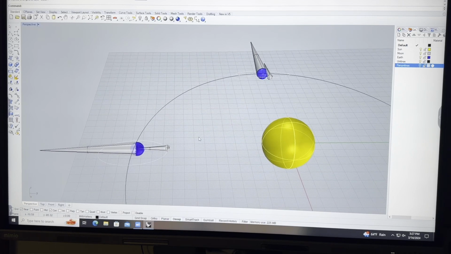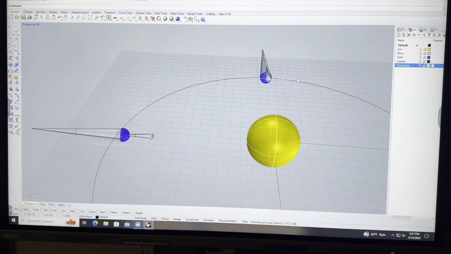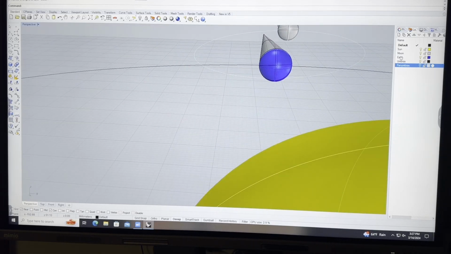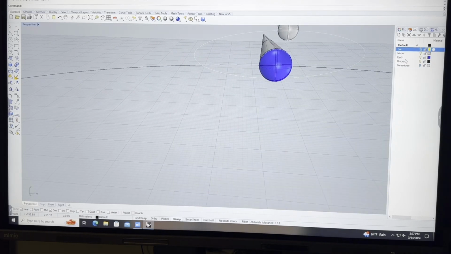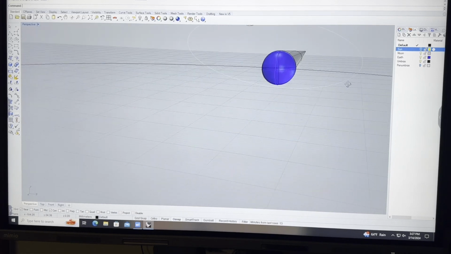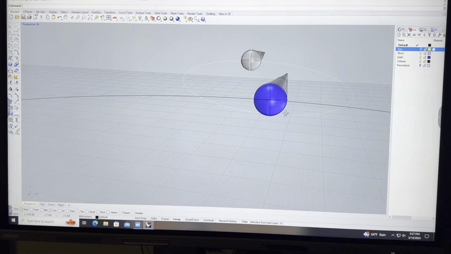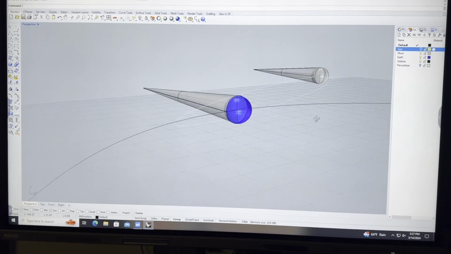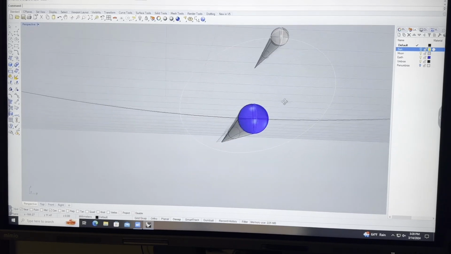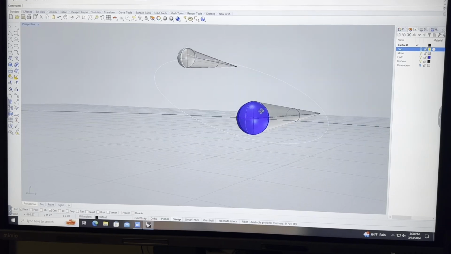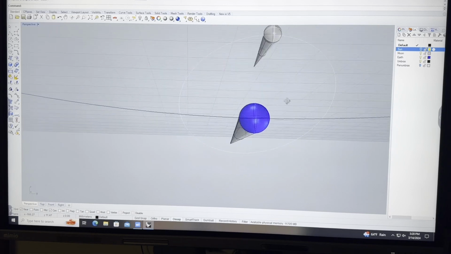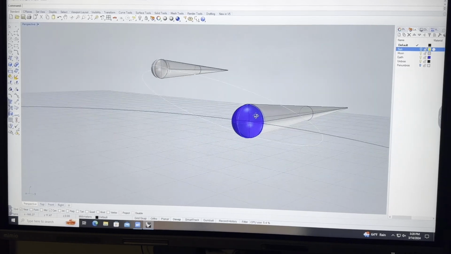And then most of the time, like in this model right here, you don't have anything because the moon's orbit does not cross over the Earth. So you can kind of see somewhat three-dimensionally what's happening here.